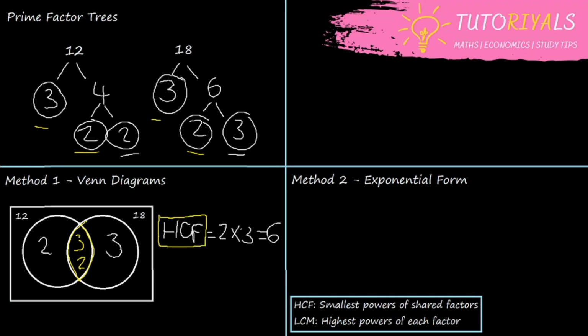On the other hand, to calculate the lowest common multiple, we multiply all the numbers in our Venn diagram together. This is 2 times 2 times 3 times 3. That's the same as 4 times 9, which gives us 36.